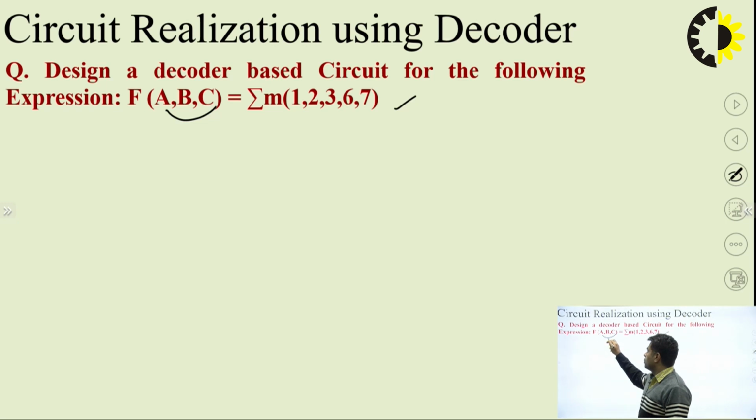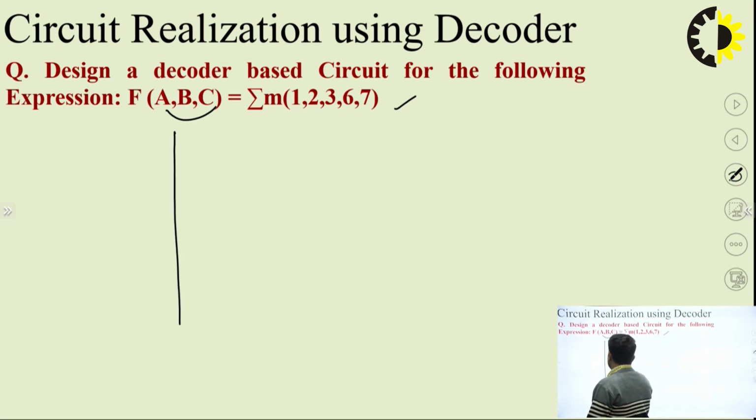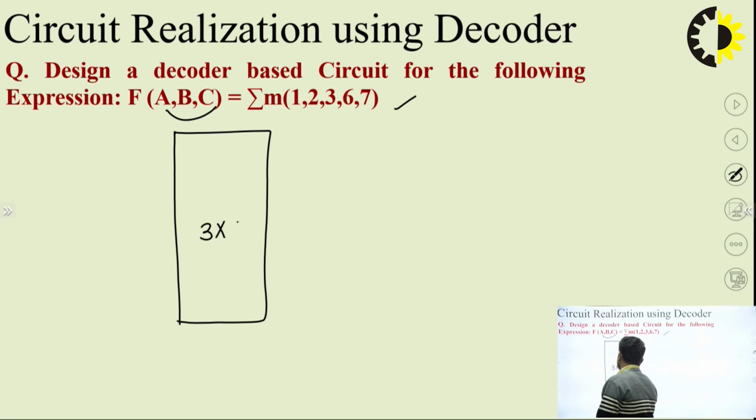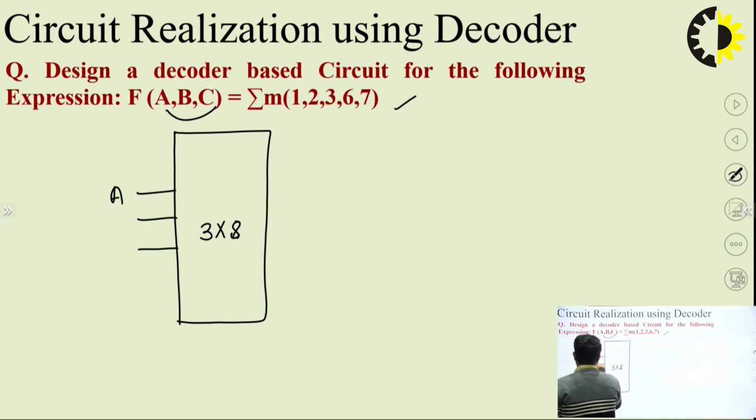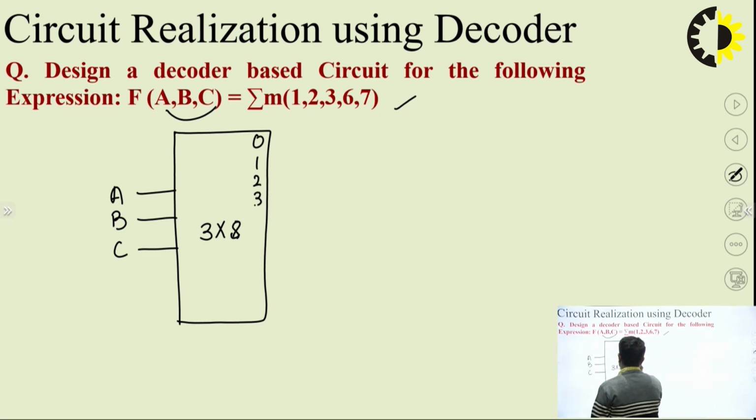Similarly here, for 3 inputs, the outputs will be 2 raised to power 3. That means the decoder we select is a 3 cross 8 decoder. The inputs will be A, B and C instead of I2, I1, I0. There will be 8 outputs, 0, 1, 2, 3, 4, 5, 6 and 7.